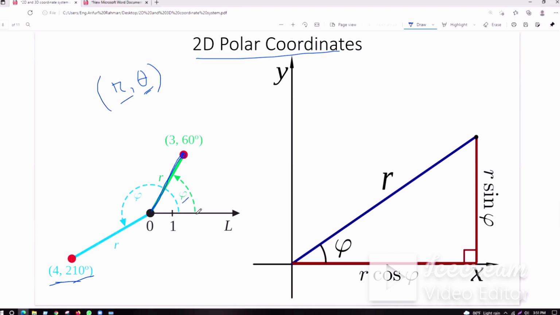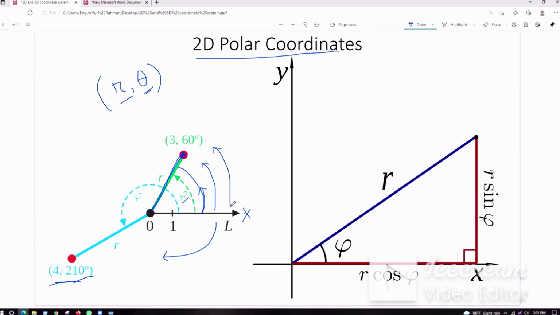And what's the argument here? Let's say phi or theta, whatever. It's the angle created by the line joining the origin to the point along the positive direction of the x-axis. So if this is the x-axis and this is the positive direction of the x-axis, for your kind information, we always take the counterclockwise direction as the positive direction, and the clockwise direction we call the negative direction.